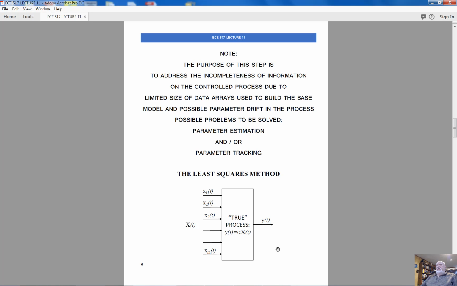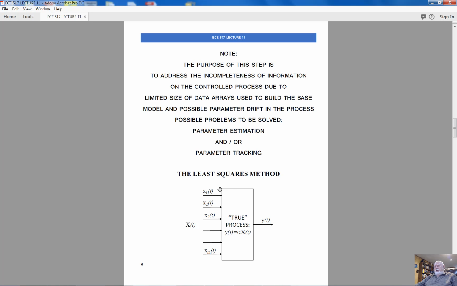Parameter tracking may be used to address parameter drift in the continuously changing environment. And for parameter tracking, we use special modifications of the iterative procedures. At this point, I am ready to discuss with you the least squares method, with all its numerical implementations and the various aspects of its implementation.